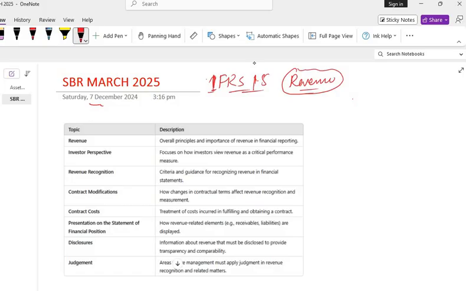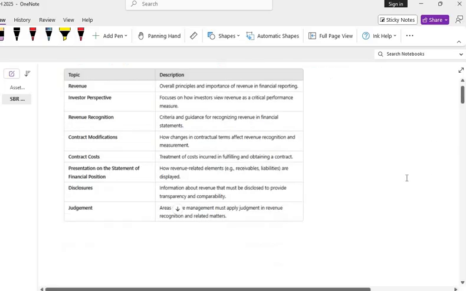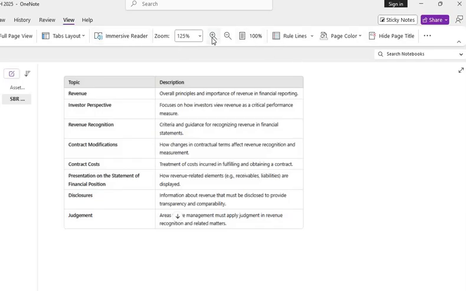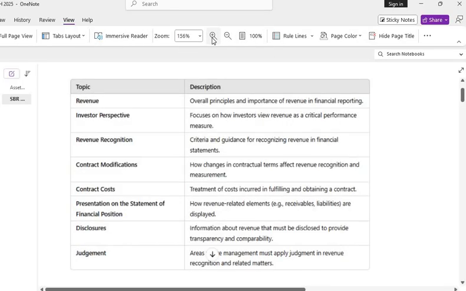Okay, in this chapter and this standard, let me zoom it. You will see here, we will discuss revenue, the overall principle and importance of revenue in financial reporting.